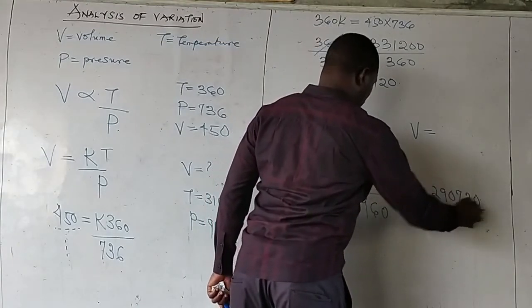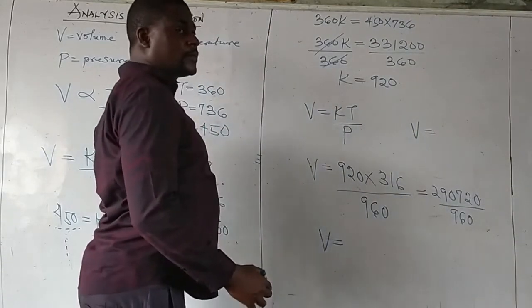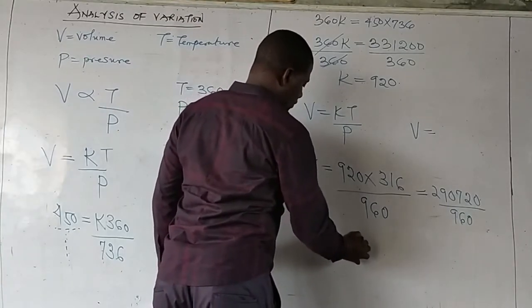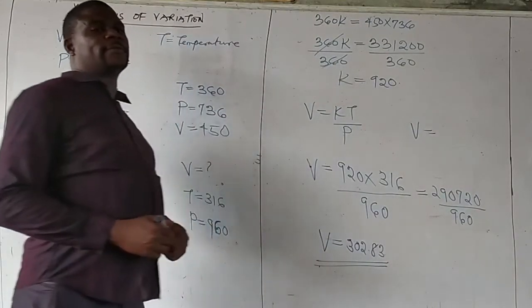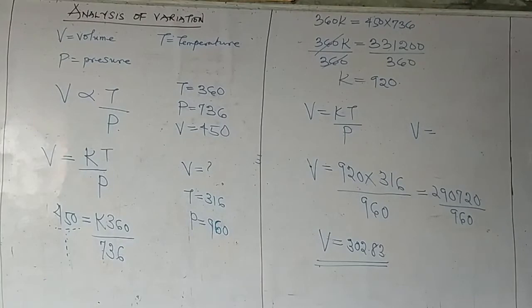You now divide it by 960. What will you give me? 302.83. Do you get it? It's very straightforward.